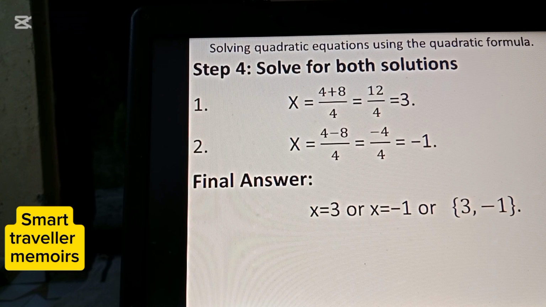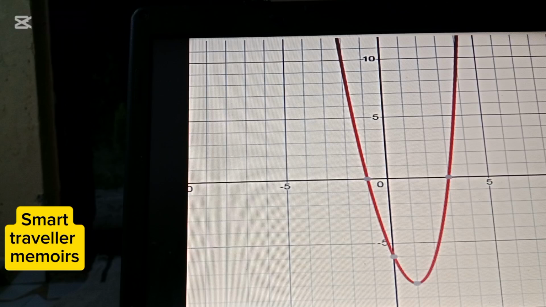Two solutions. I also graphed that equation. That is the graph of that equation, the quadratic graph.